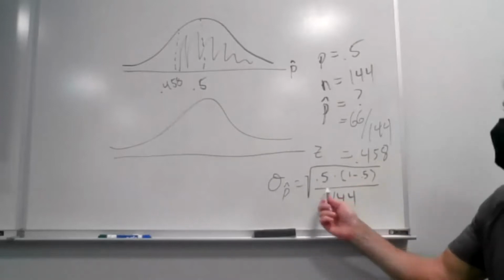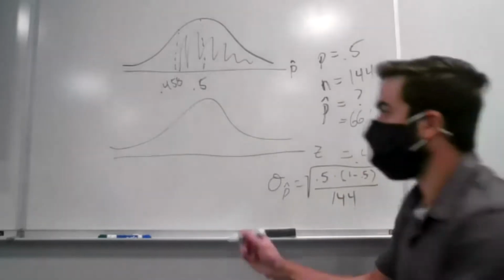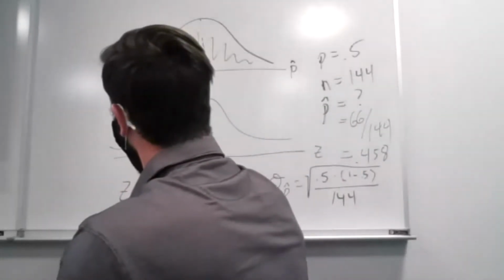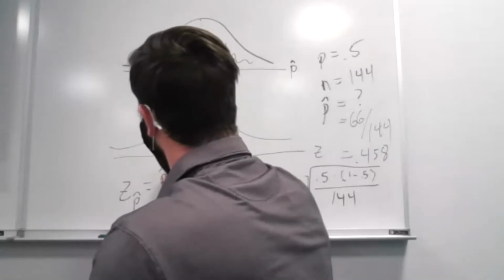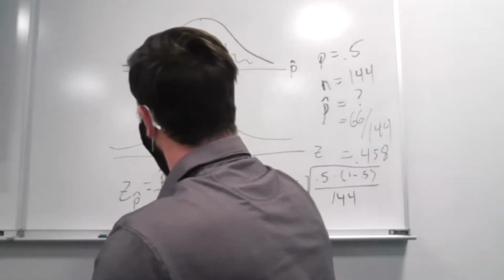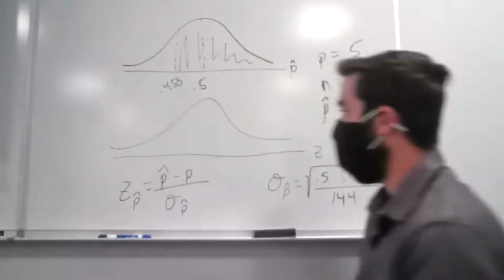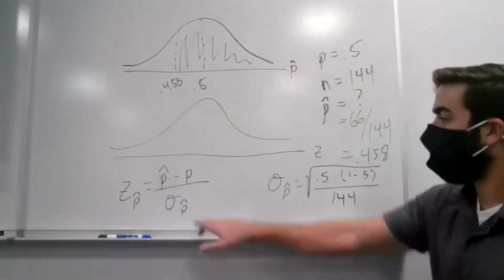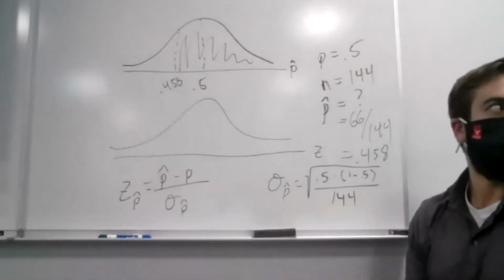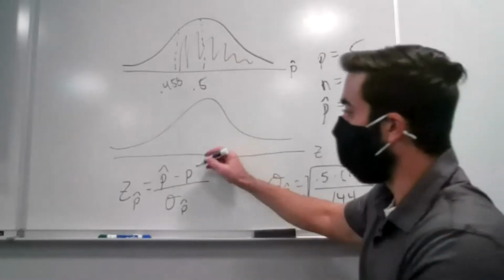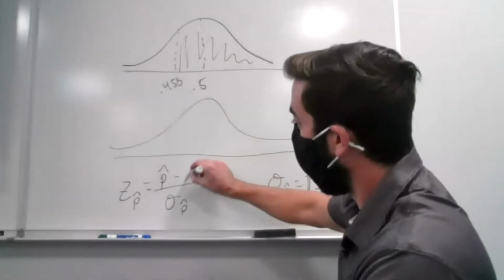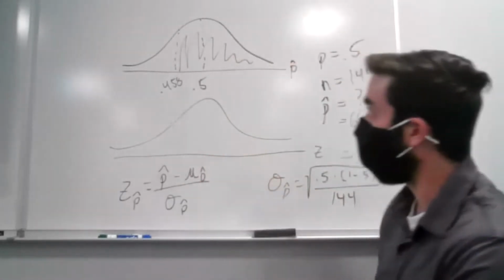So once I have that value, I know that I can just plug that into my denominator for my z-score equation. Technically, this would have been what's the mean of my sample proportions?